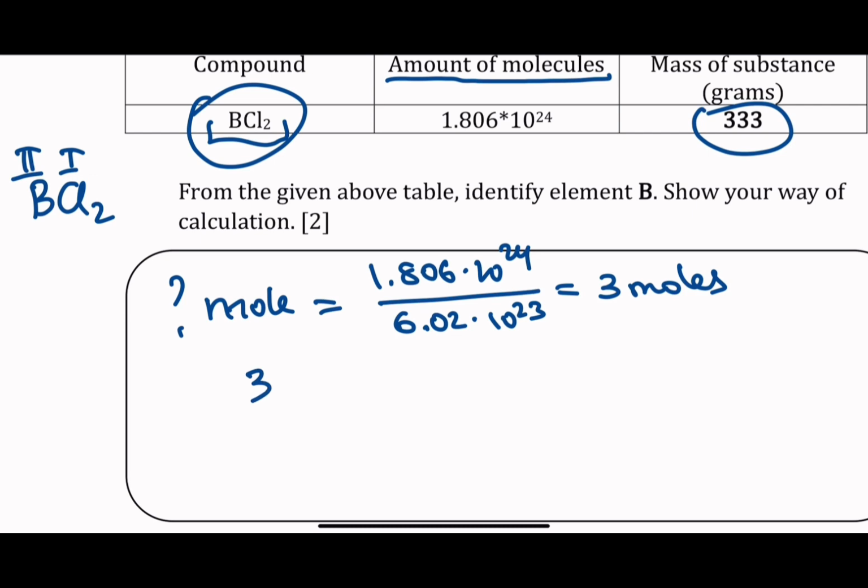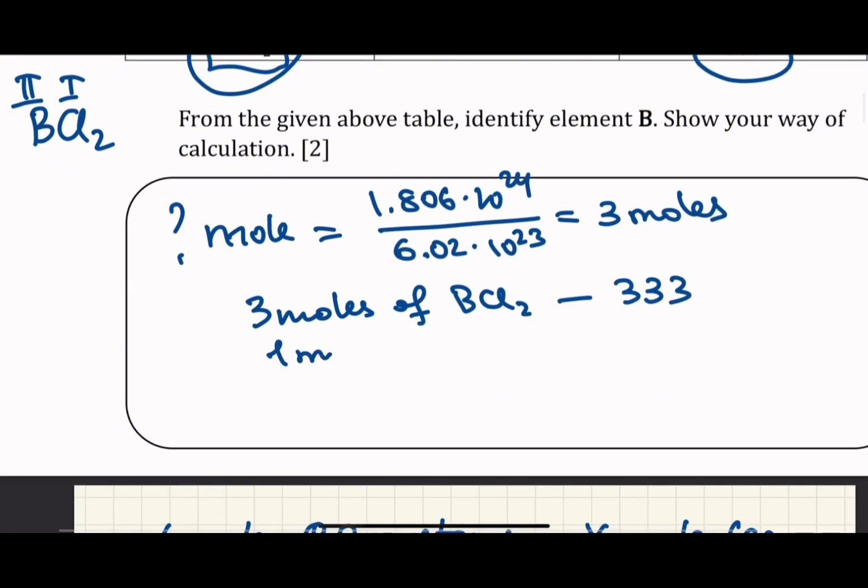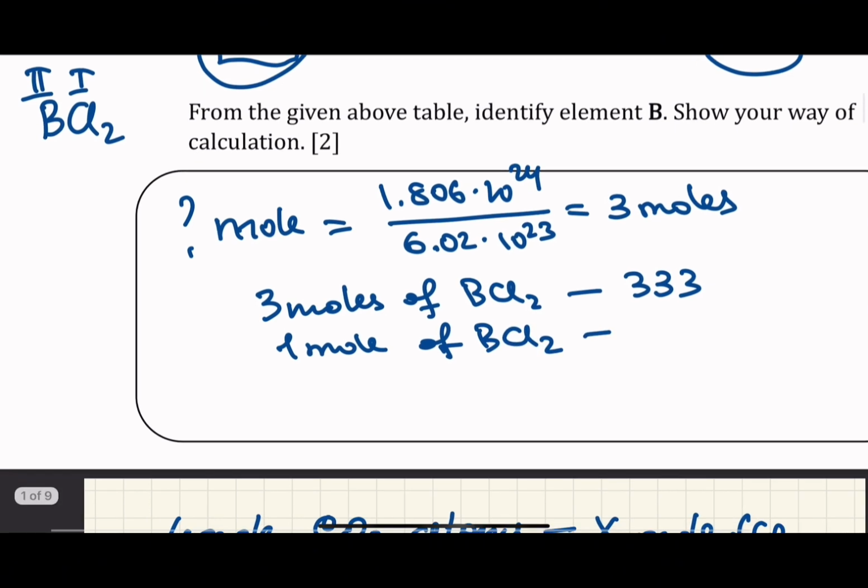Now we can see that 3 moles of BCl2 is 333 grams. Now we need to find 1 mole of it because we need the molar mass. And if you do the cross multiplication, you're going to get 111 grams.